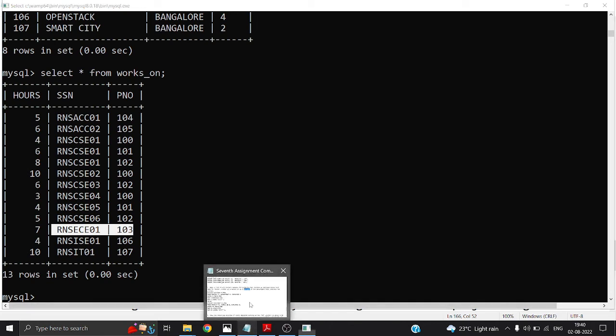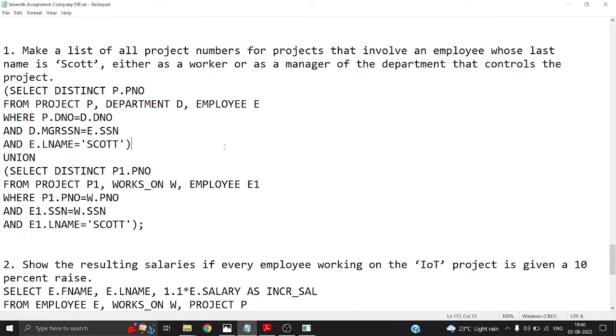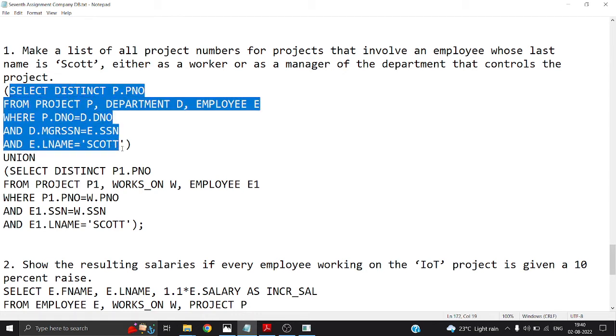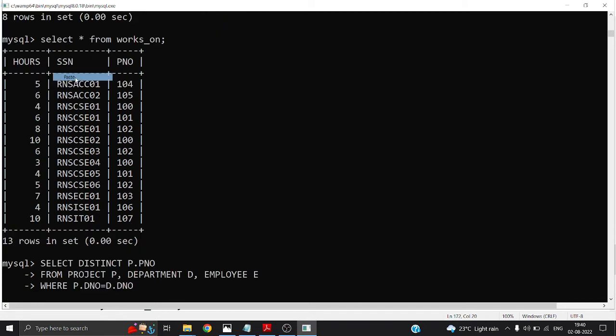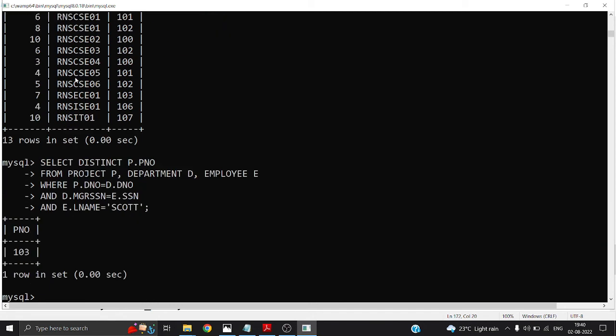Now first I'm going to show you the part of that query, so that you can get an idea. Let me show you the first part of the query. Here I'm just displaying the information about the project number.